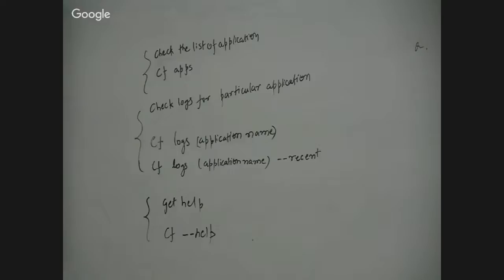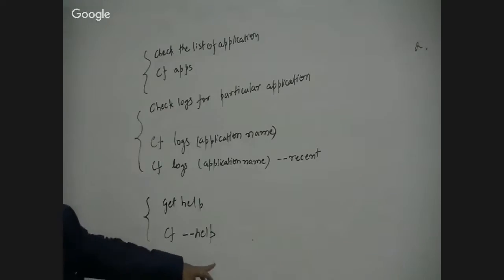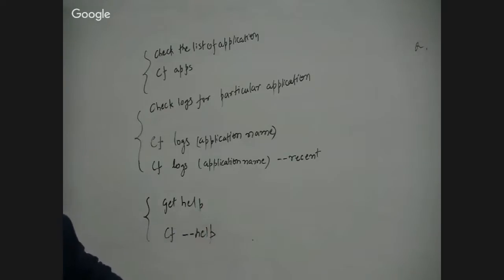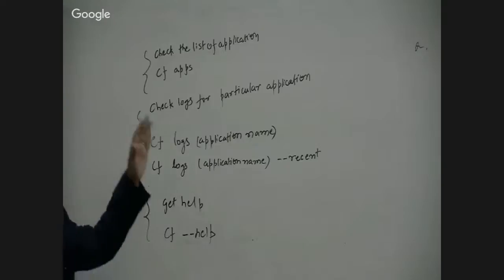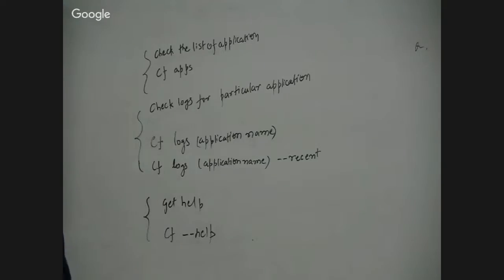There might be some changes in your CLI. It happens that the version you are using and the version that other students are using might have slight changes, so the command line should also have some change. You don't know which command has been changed, so you can just check with cf help whether this command is available or not. A list of commands will come up, through which you can check.